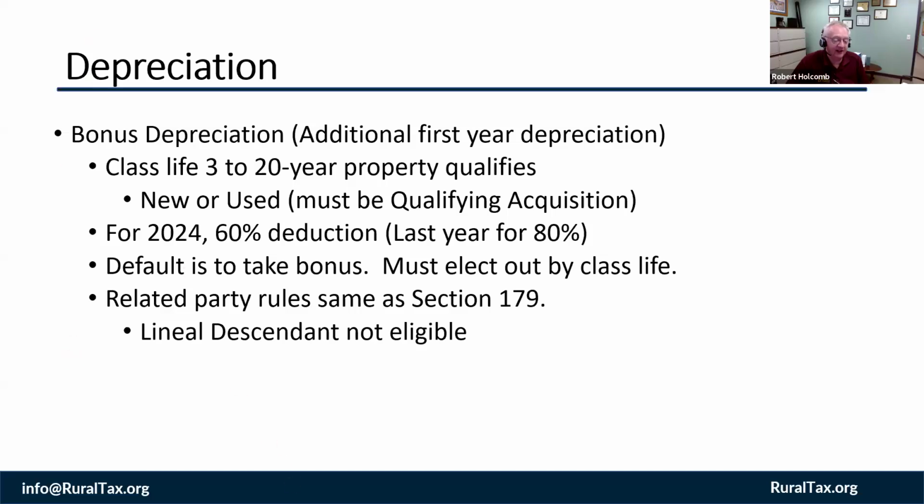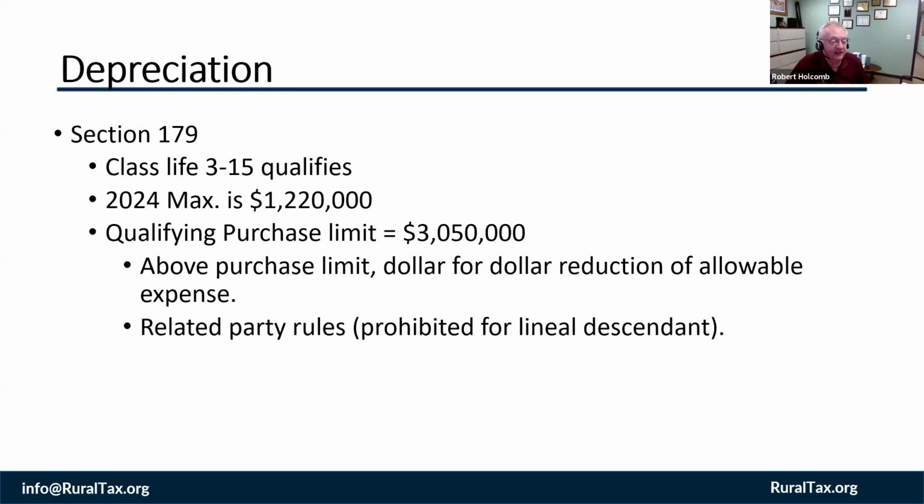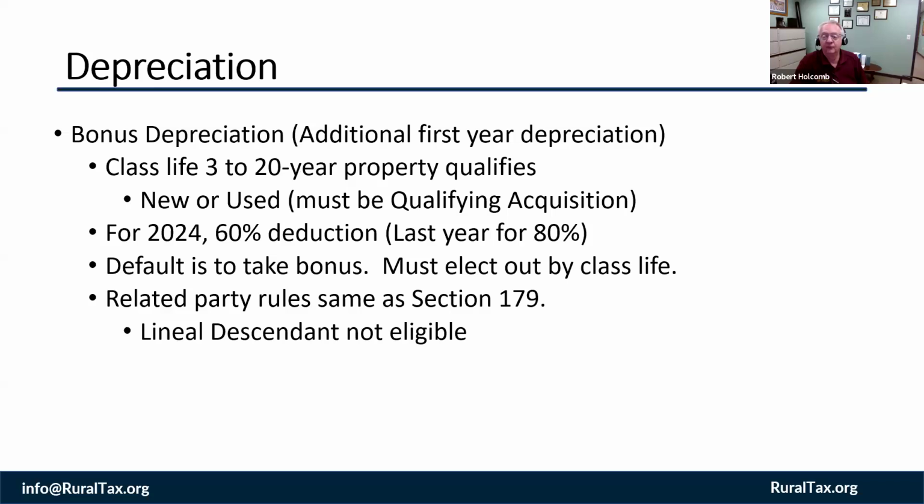Both 179, back up here just a minute, 179 and bonus both have related property rules that we have to adhere to, and those are very simple. You can't take bonus or 179 on an asset that you bought from a lineal descendant.